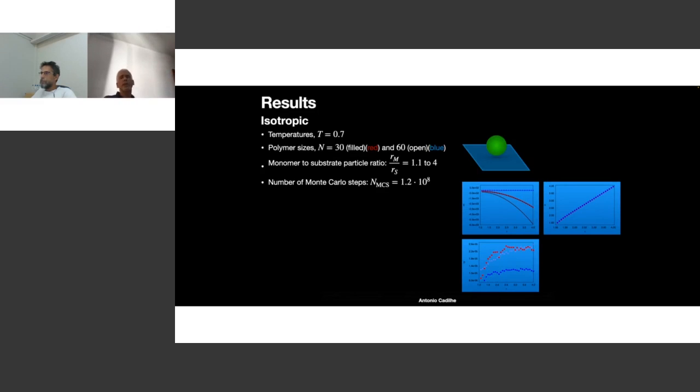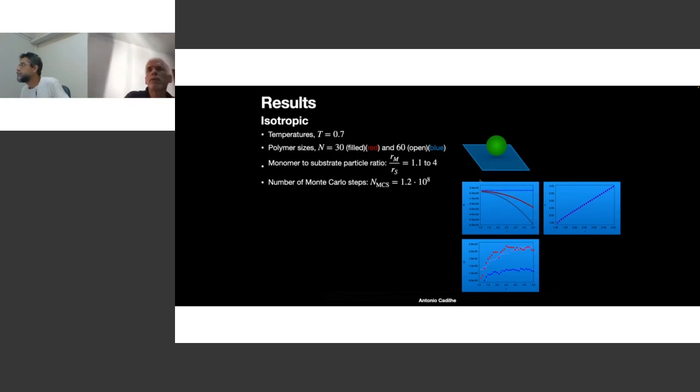So the results are as follows. The energy for the isotropic case, the one that scales with the size of the monomer, basically has a parabolic behavior that is well seen in this graph around here.